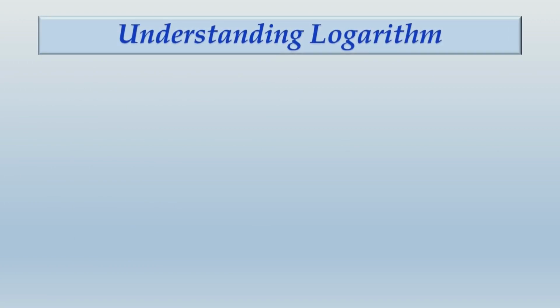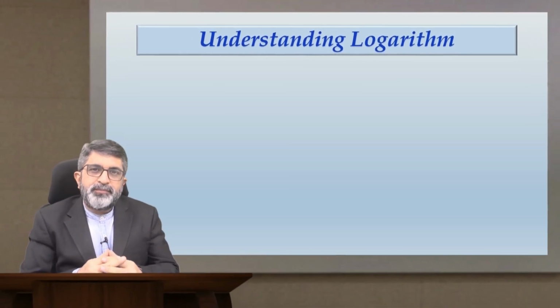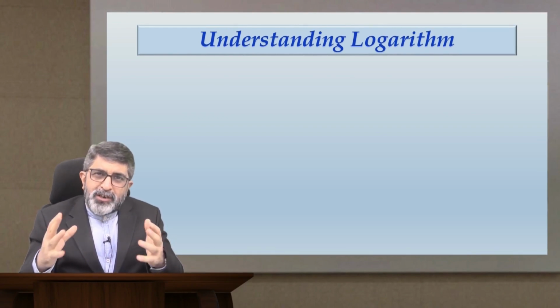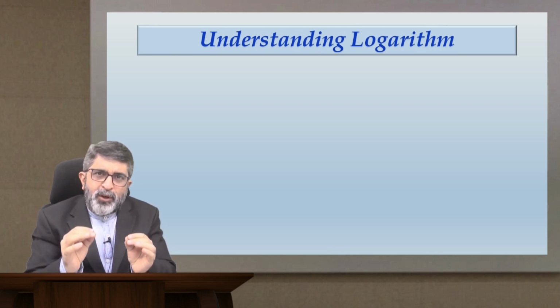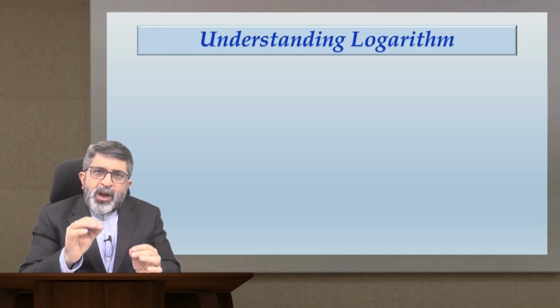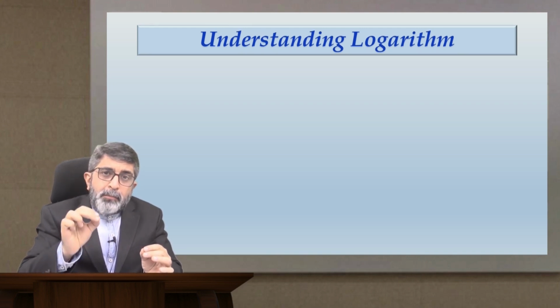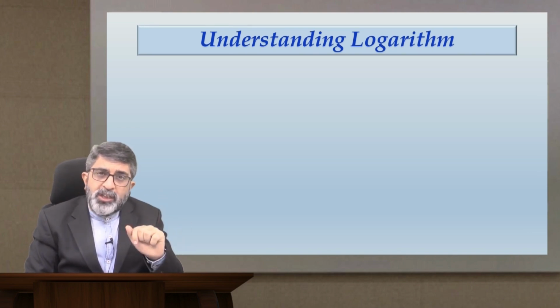Let us move ahead, and now we talk about logarithms. Understanding what a logarithm is, is very, very important. At your school level you would have learned logarithms, but you should know one thing very clearly: we have two different forms of logarithm.